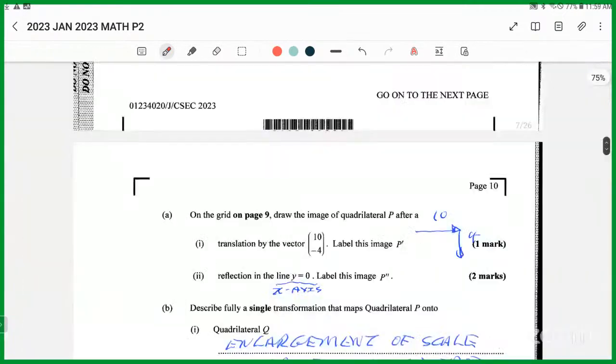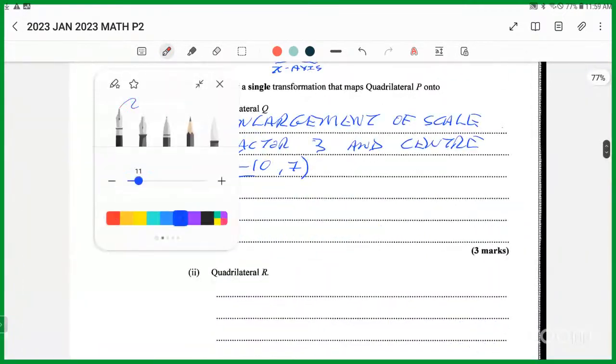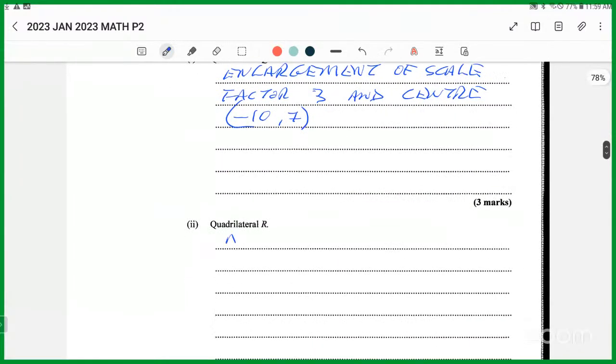Anti-clockwise, 90 degrees. Ninety degrees rotation about point.